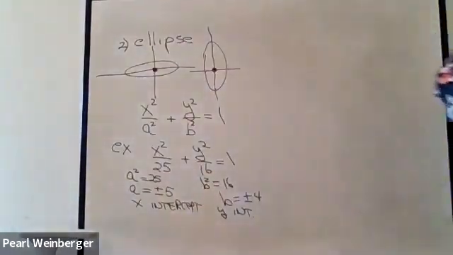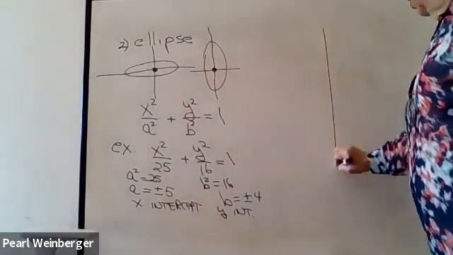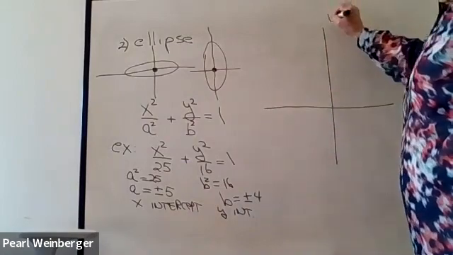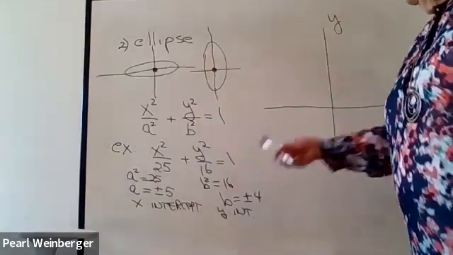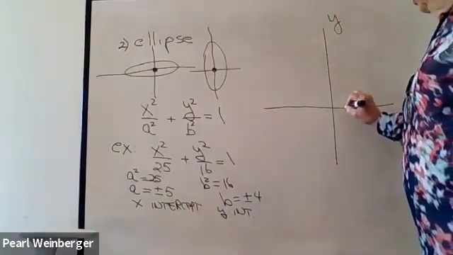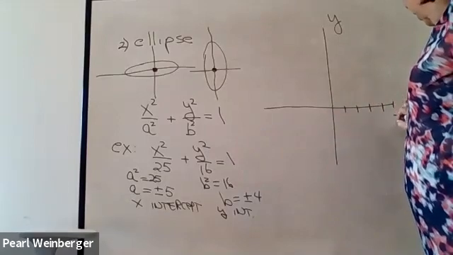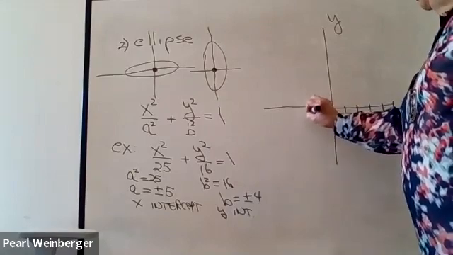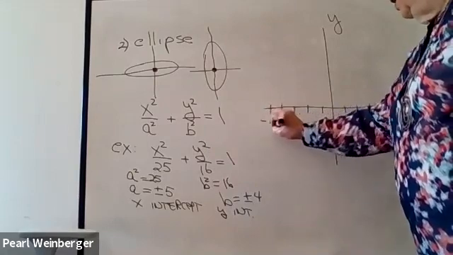So if I went to draw this graph, here's what it would look like. Here's my x, here's my y. We said the a is 5, the x-intercepts are 5. So I go 1, 2, 3, 4, 5. Positive, negative 1, negative 2, negative 3, negative 4, negative 5.